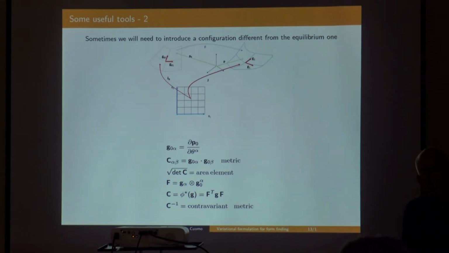I will indicate this arbitrary configuration with a 0. It is completely not necessary, but in some cases it can be useful for better understanding some results. Without the 0 is the unknown equilibrium configuration; with the 0, we are talking about something which is known.